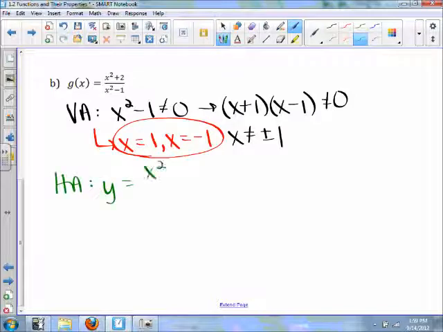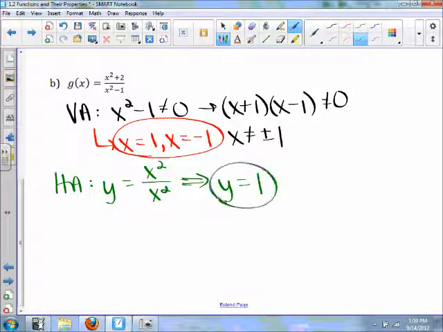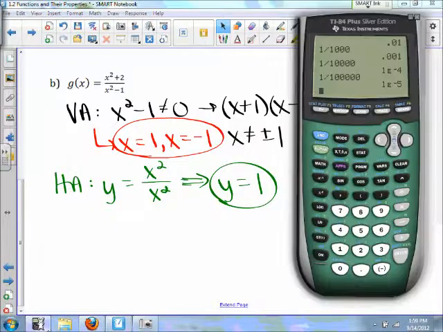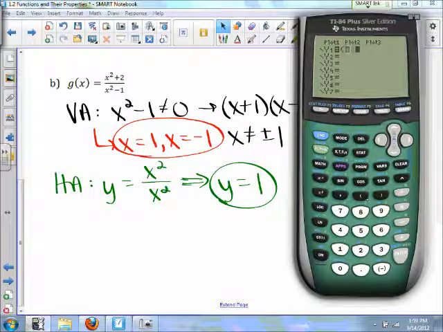Now to find your horizontal asymptote, y equals x squared divided by x squared. That means y equals 1 will be your horizontal asymptote. Now if we're to graph this, it's actually fairly simple. X squared plus 2 divided by x squared minus 1.